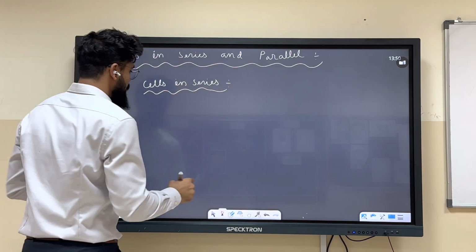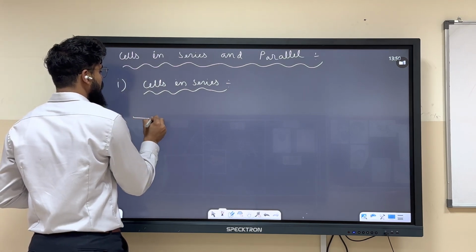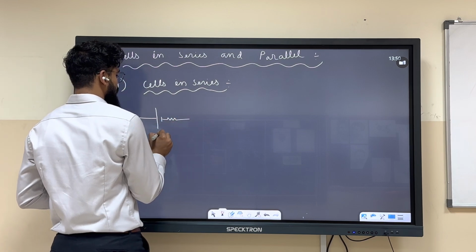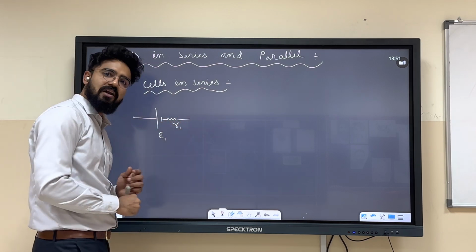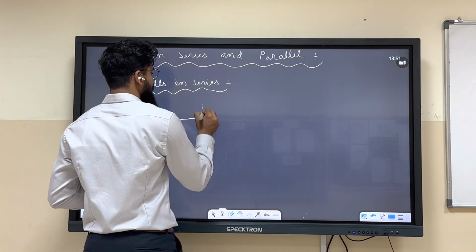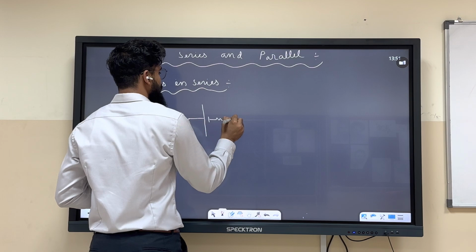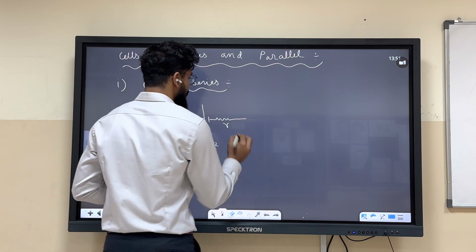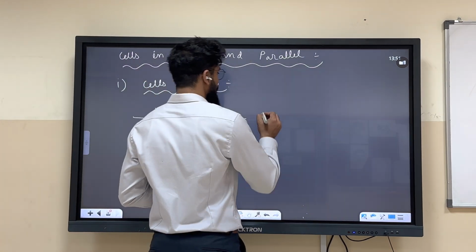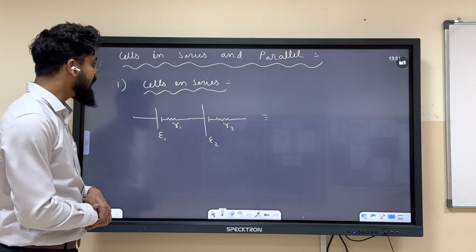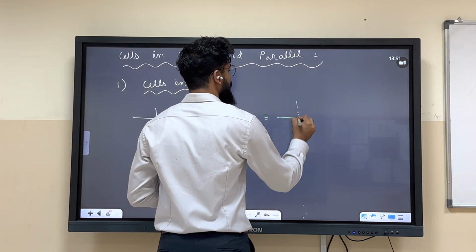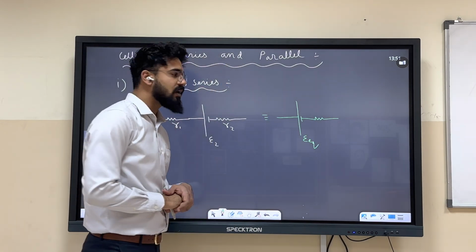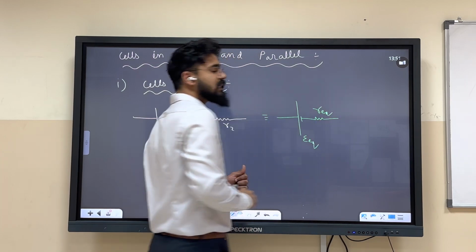Basically, we want to calculate: if this is battery 1, with EMF E1 and internal resistance R1, and this is battery 2, with EMF E2 and internal resistance R2, we want to convert this whole thing into a single battery whose EMF is E equivalent and whose internal resistance is R equivalent.